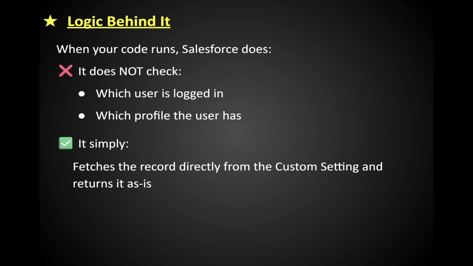But this does happen in hierarchy custom setting, which we will discuss later. I hope you understand the list custom setting. I will show you a demo of how to create a list custom setting and how it returns the same data for different users. Now let's see a demo.